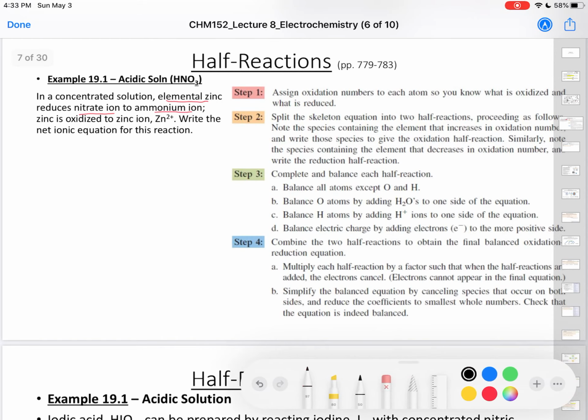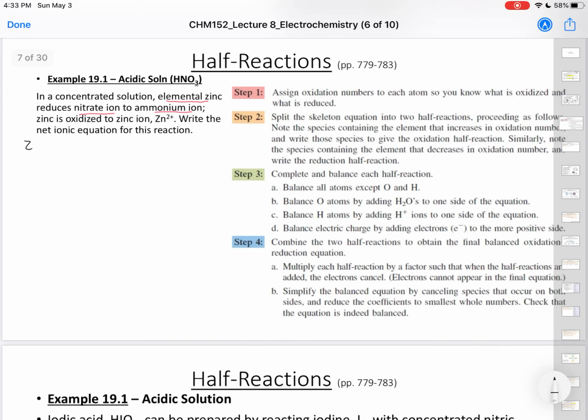We've got our zinc, elemental, and elemental zinc has to be solid, and it reduces nitrate. Nitrate is NO3 minus, that's aqueous. It reduces it down to ammonium. Ammonium is NH4 plus, and that's aqueous. And of course, zinc is oxidized to zinc 2 plus, and again, that is aqueous.